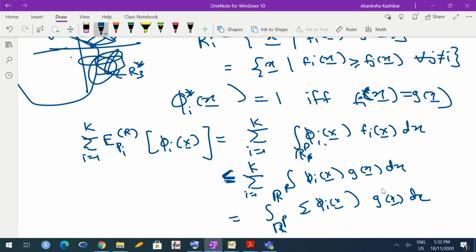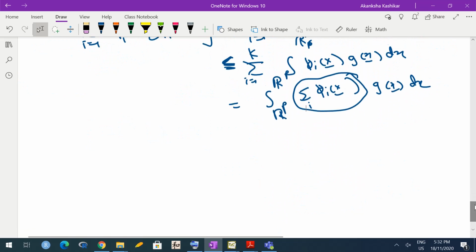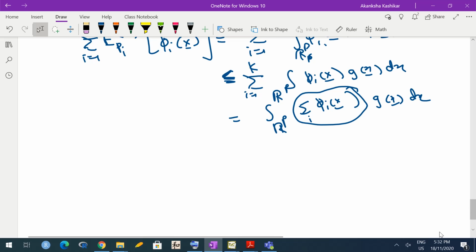But now that I have G, which is free from i, I can use this. What is the value of this sum? Because of the fact that we always have a partition, the summation of phi i(x) is always 1 for every classification rule. So this is the same as the integral over R^p of G(x) dx.